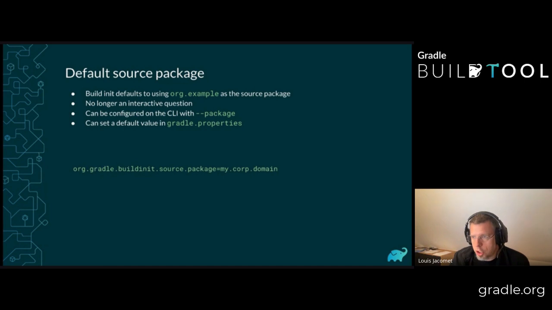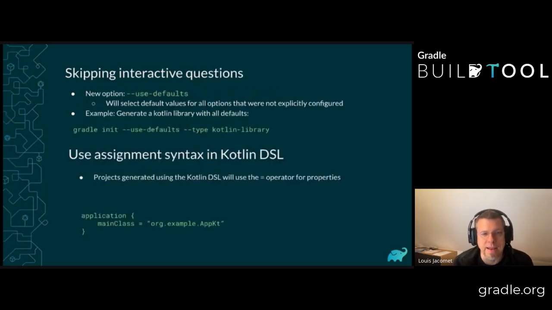We did more changes to Gradle init though. The first one is finding a way to skip all the interactive questions. And that's done by using the --use-defaults CLI flag. What that flag does is that it will respect any other build init flags that are present on the CLI. But for all the others, instead of asking you an interactive question, it will use the default for those questions.